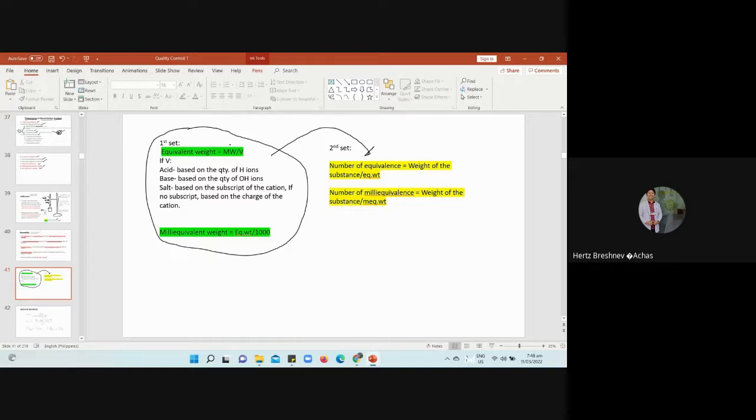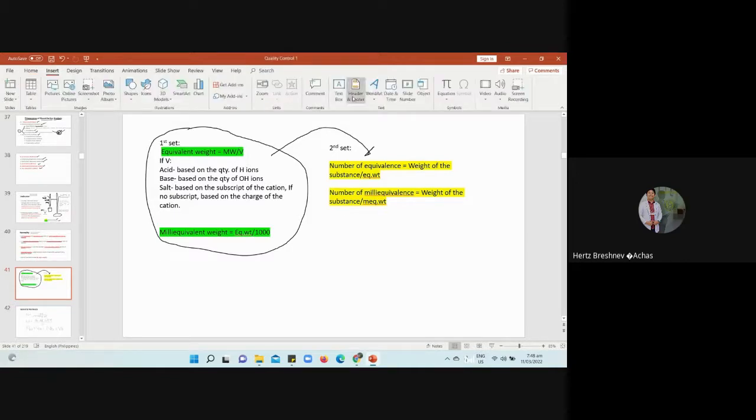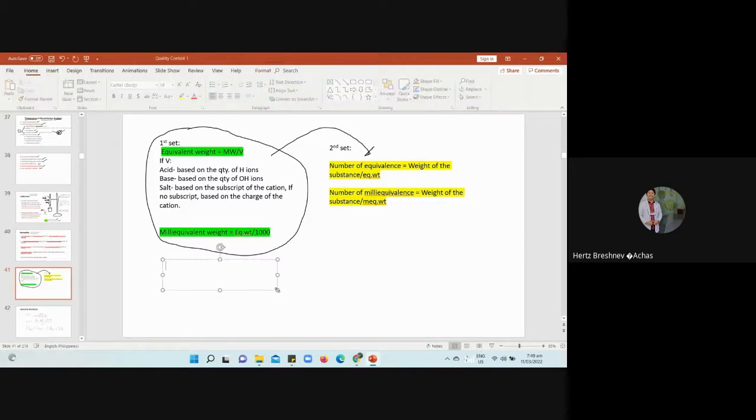I mentioned the first set of formula is always calculated. Let's write it so you won't forget: the first set of formula is always calculated. Lock.